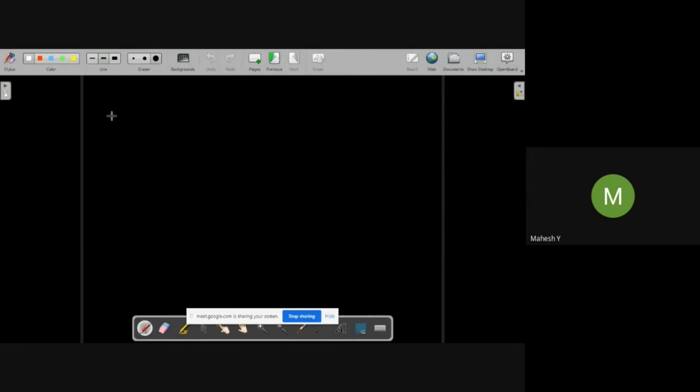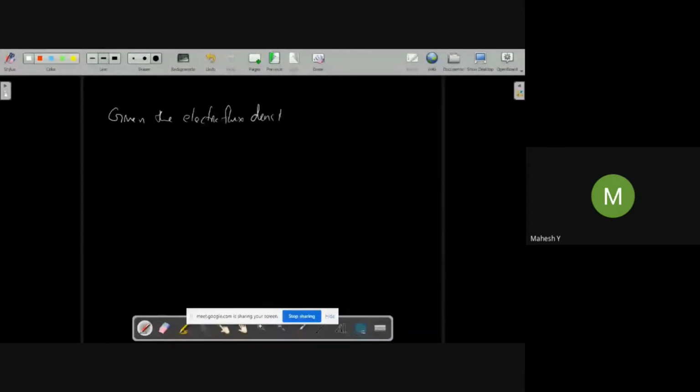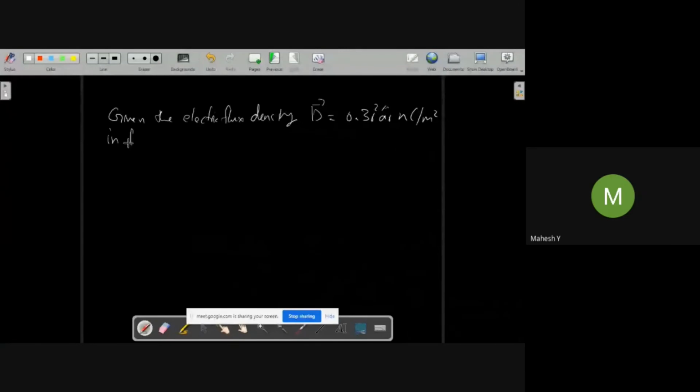Given the electric flux density D is equal to 0.3 r squared a_r nanocoulomb per meter squared in free space.